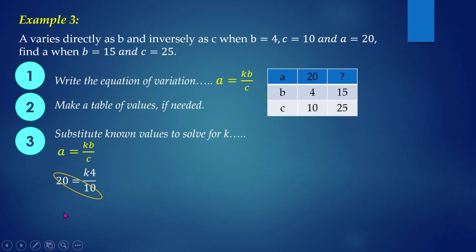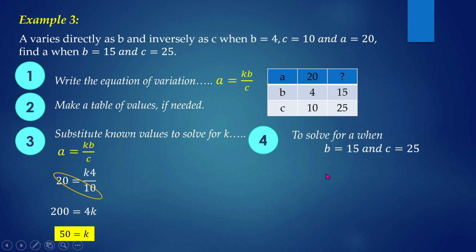Next. Okay, cross multiply gapon sir. So 20 times 10 is 200 equals 4k. Interchange lang ang k ug 4k. Then to solve for k, obviously divide by 4. 4k divided by 4 is equal to 200 divided by 4. So what is 200 divided by 4? 50.